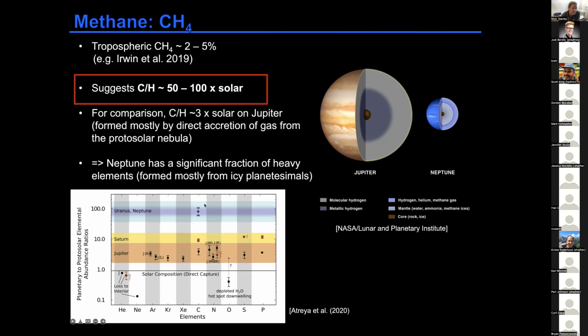So just based on that, it would suggest about 50 to 100 times enrichment. That makes sense. We expect Neptune to have a lot of heavy elements, so it makes sense that it's enriched in those elements compared to the solar composition.